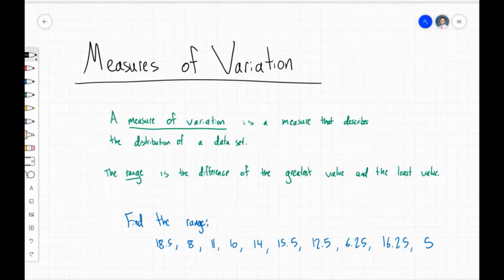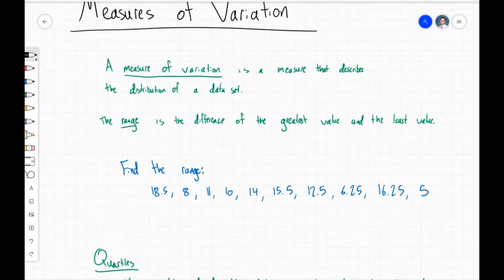So let's look at this data set here. We've got all these numbers. Now they're not written in least to greatest order, so we might want to do that first, and then we can find our range. So from least to greatest, we would have 5, and then 6.25, and then 8.